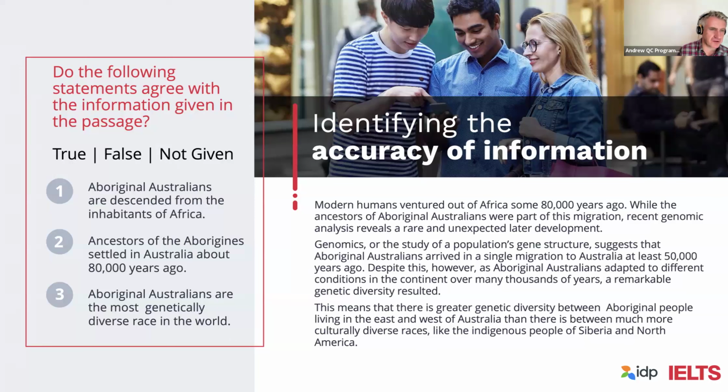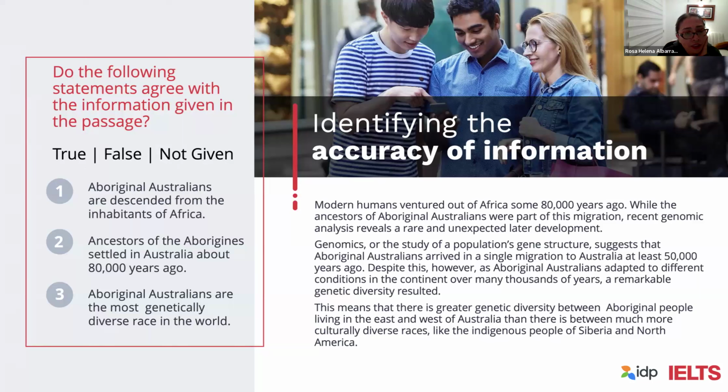Rosa, could you read out the first statement here? Number 1. First paragraph, right? Where it says Aboriginal Australians. Aboriginal Australians are descended from the inhabitants of Africa. Good. And number 2?